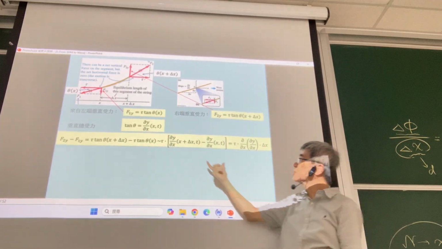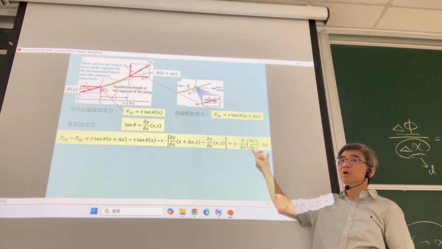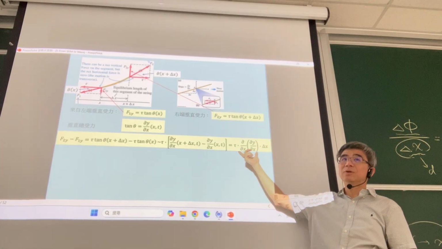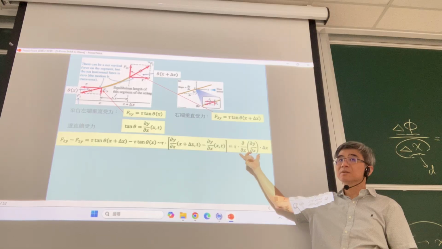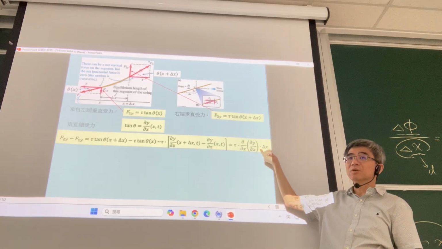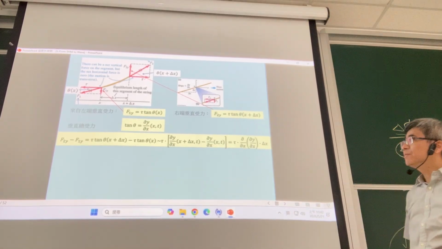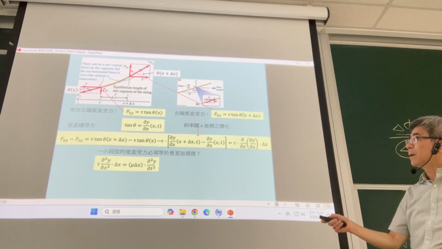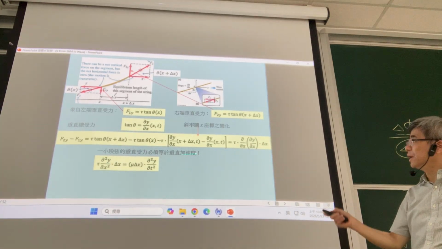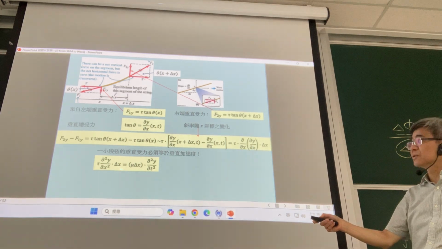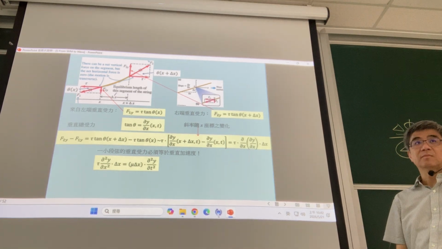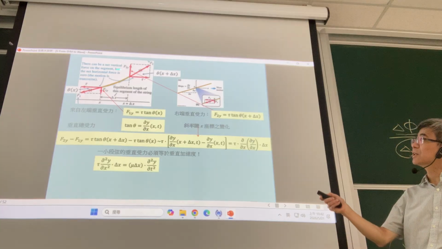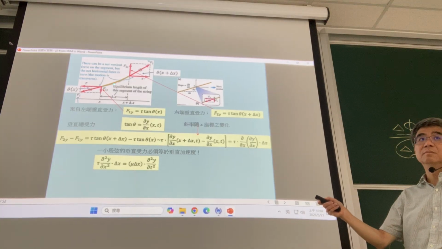So this difference could be written as partial y partial x, again taking a partial derivative with respect to x, times delta x. Therefore, the force is equal to partial squared y partial x squared times delta x times tau. That's the force exerted on this small segment.